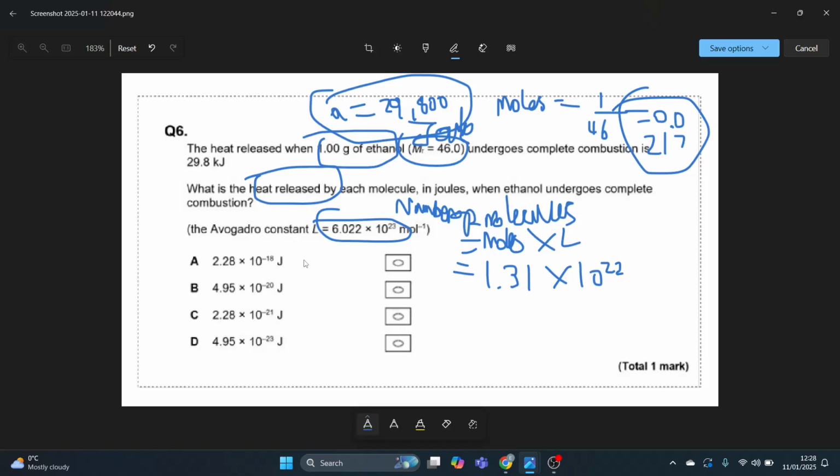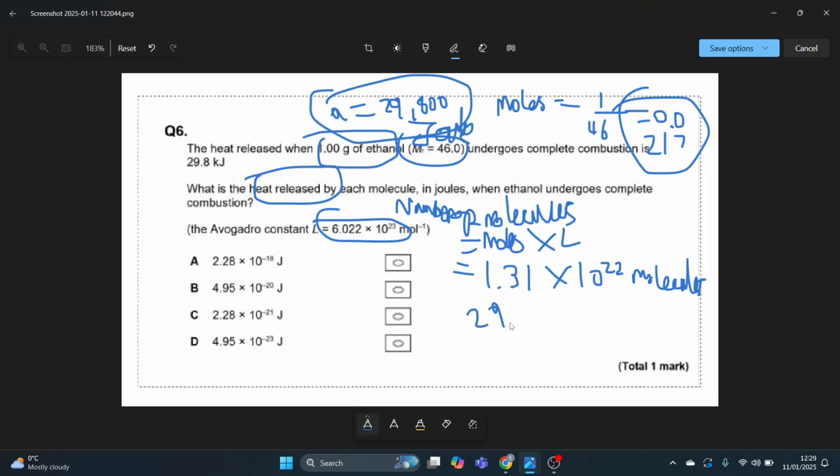That's not any of these, but that's the number of molecules, right? Moles times Avogadro's constant. Then to find the heat released by each molecule, I'm just doing the total heat, 29,800, divided by the number of molecules.